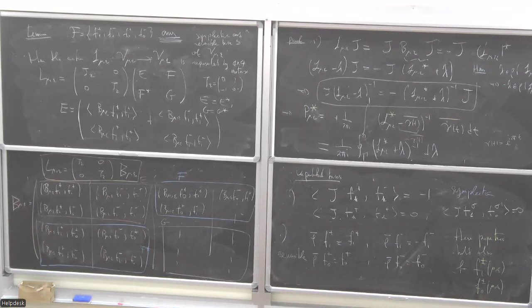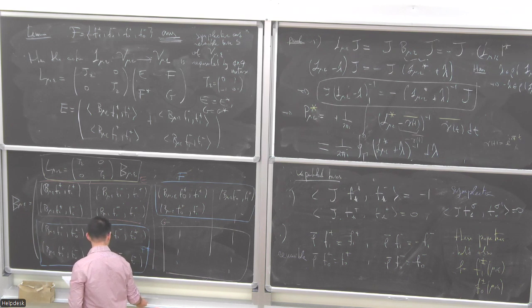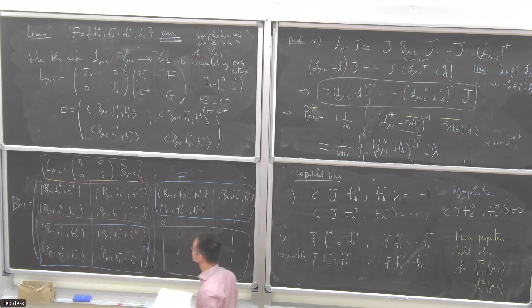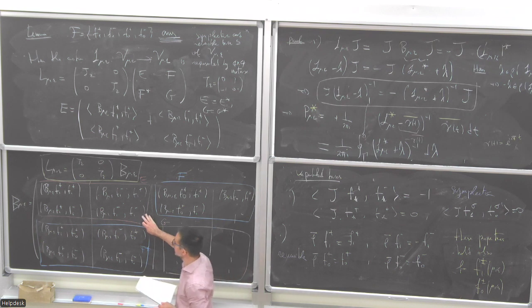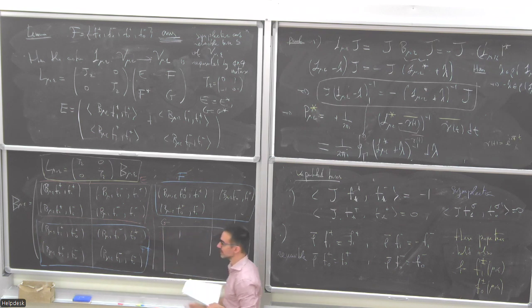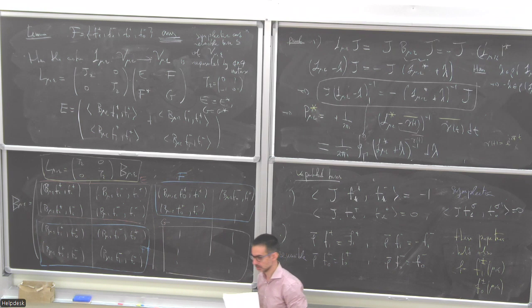Okay. And moreover, over here, the entries of this matrix, the entries of B, are alternatively real and pure imaginary.